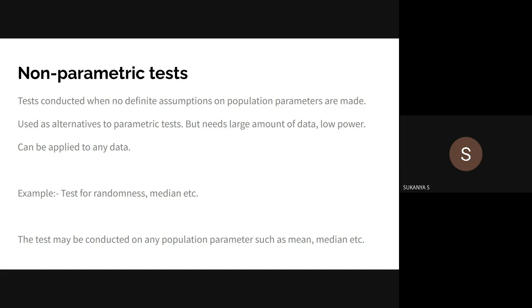The advantage of parametric tests is that they use standardized distributions. You get a set of results even for a comparatively small number of data, when your set of assumptions are satisfied. If that is not satisfied, your best choice is to go for a non-parametric test. But we have to keep in mind that the non-parametric test gives low power, or doesn't give reliable results unless we have a huge amount of data.